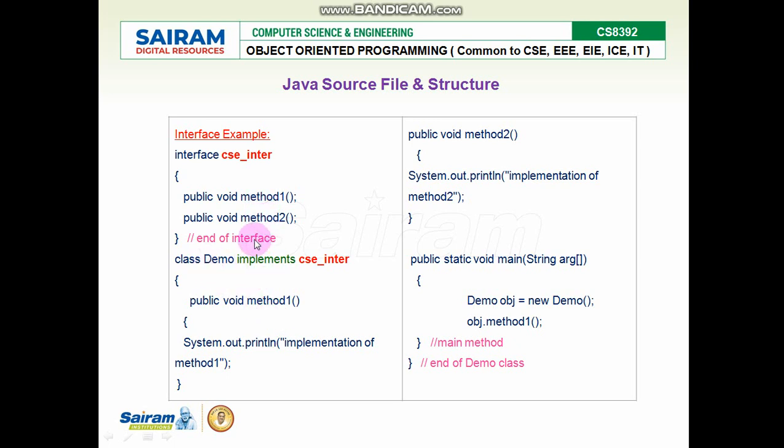Here it is implemented, here also it is implemented. After that, in the main method, I'm creating an object for the demo class. I'm calling method 1. Actually method 1 belongs to the CSE interface, which is implemented in the subclass demo. So the obj method 1 definition will be called and displayed. So that's about the example of interface.